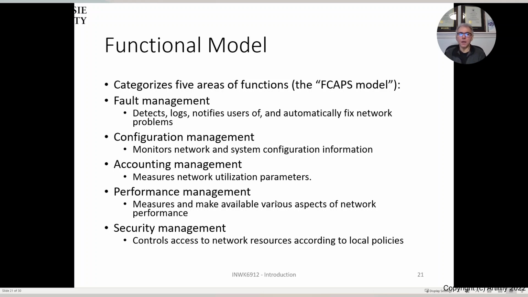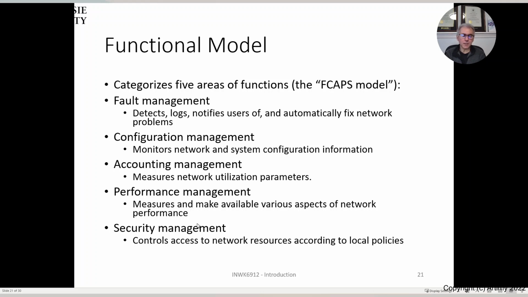Right? And this is where security, as I said before, and network management overlap, and they overlap in almost all of these 5 areas, right? There is an overlap between fault management and security. There is an overlap between configuration management and security.